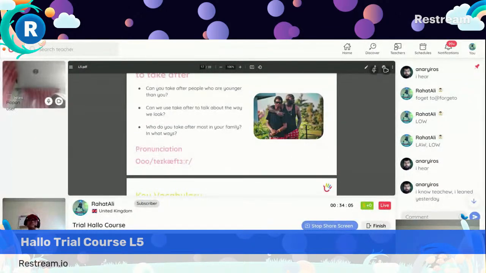All right. Okay. Who do you take after most in your family? Do you know the meaning of take after? Take after is like you have similar, is it? Yes, similar. What is the difference between take after and look like? Can we use both in the same expression? Let me check. I'm not sure.